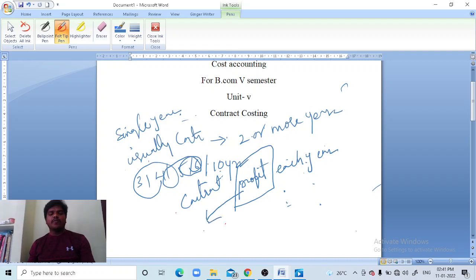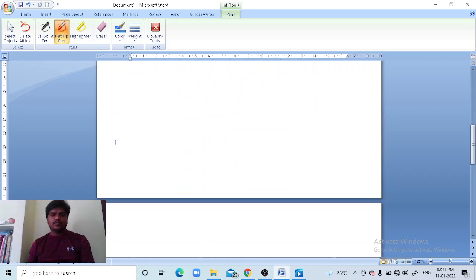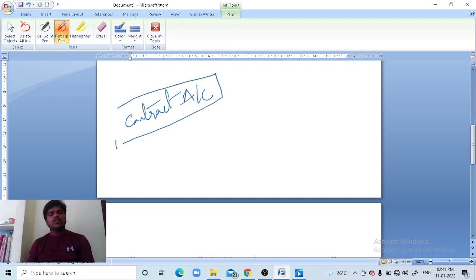We call this profit a notional profit. With the help of this contract account, the contractor is able to know the notional profit for the current year.